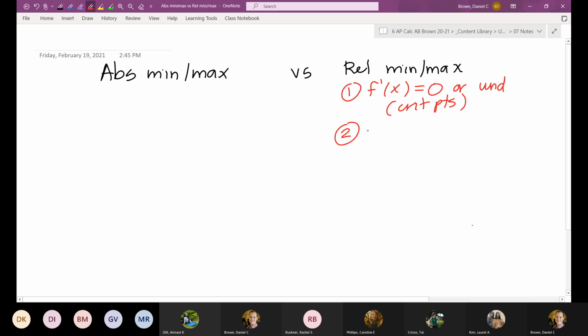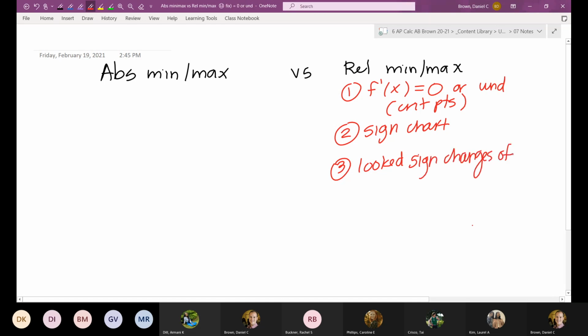Sign chart. So we did a sign chart, and with that sign chart, we looked for sign changes in the derivative. Like we know if the derivative changed from positive to negative, that would be a maximum. If the derivative changed from negative to positive, that would be a minimum.